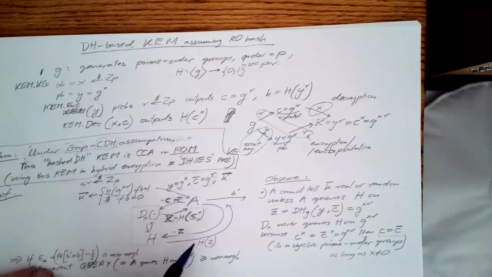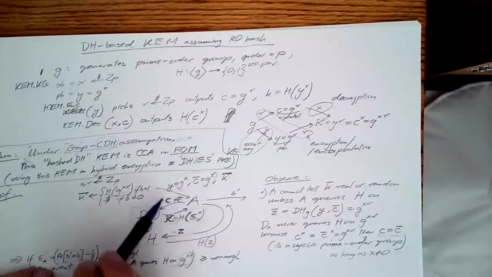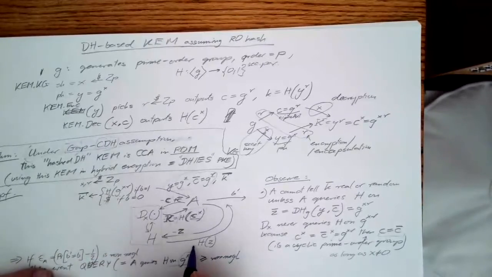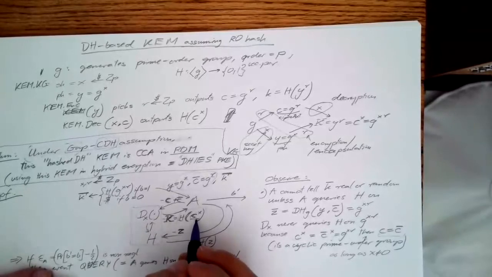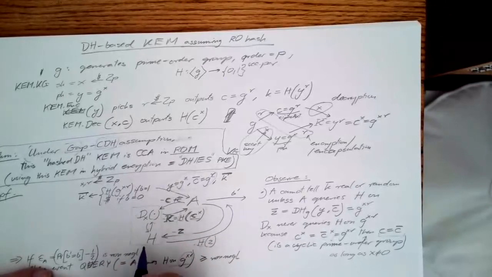For all Ci for which there is no Zj in a proper relation, and for every Zj for which there is no Ci in the proper relation, it's free to answer both of these at random, because they correspond to hash values on different inputs. And because H is a random oracle, we don't care, right? They can be answered at random.